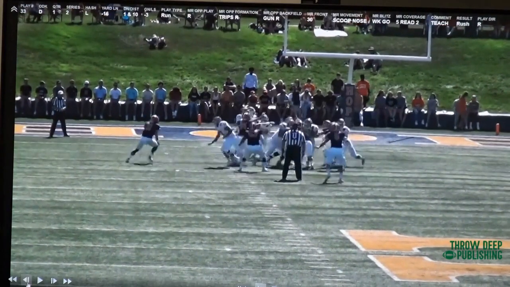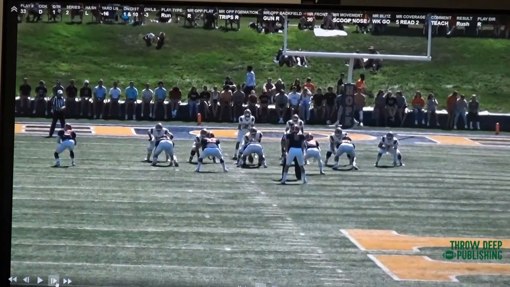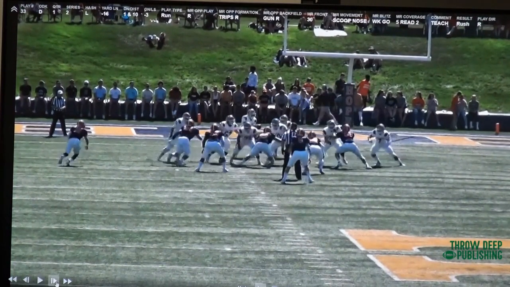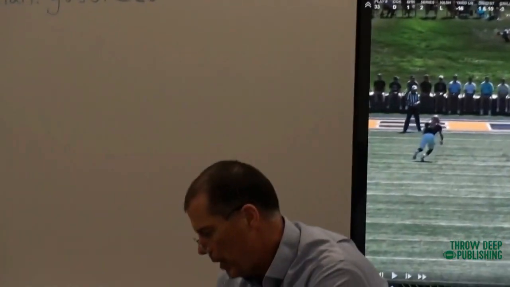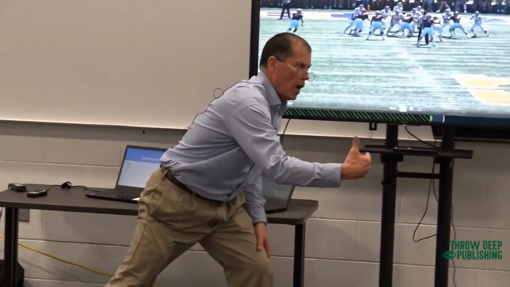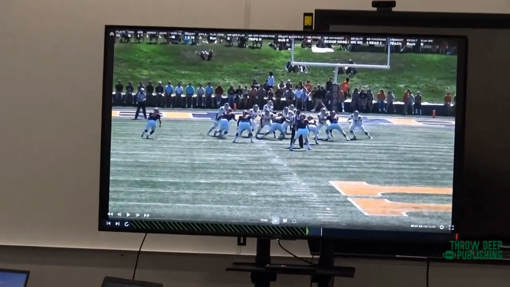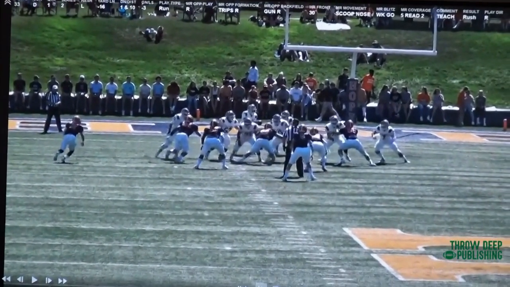Okay? Nose. As you watch the nose down, you see that guard, the left guard, over here. I mean, he's expecting that nose to be there, so he's there, and our nose cross-faced to get into that gap. Okay? Now, what that does, we just shift gaps.